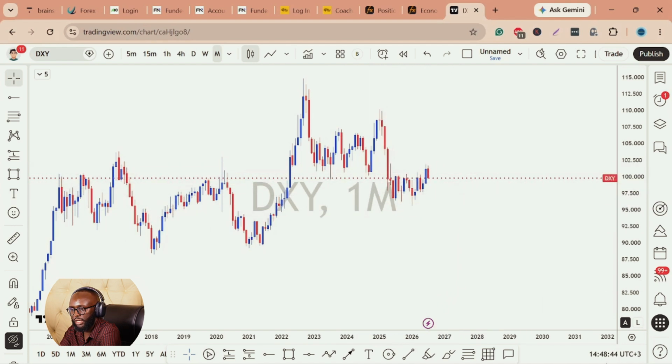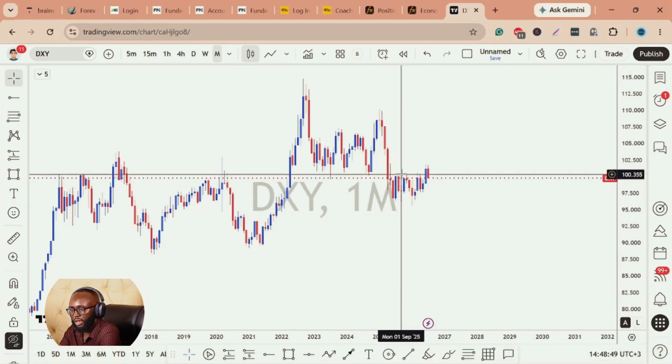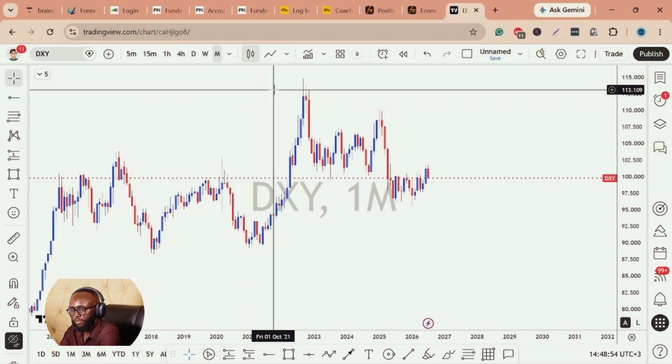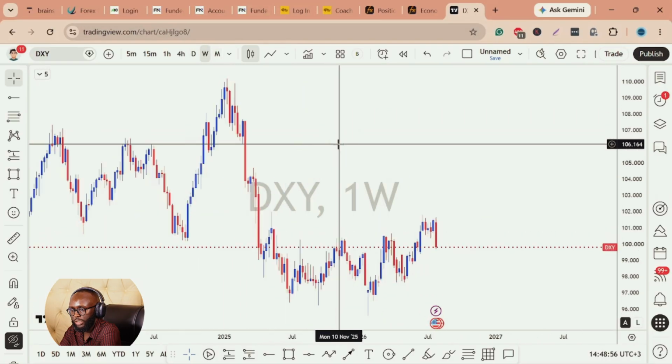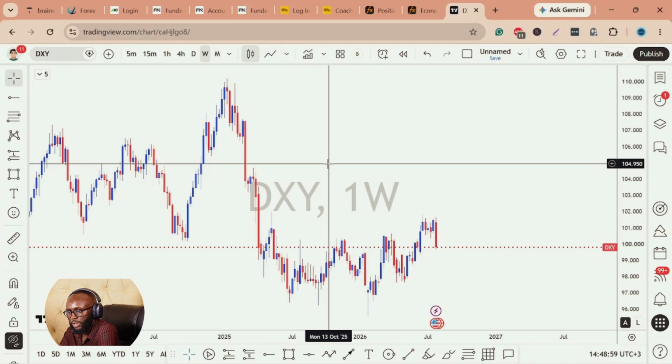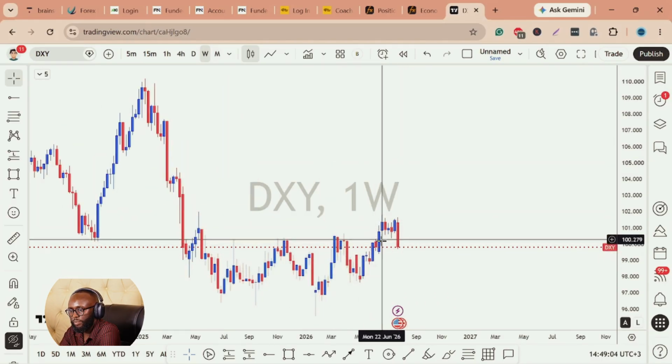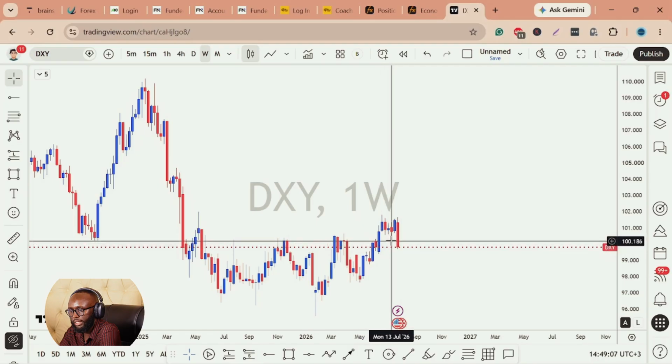However, looking at this particular month, we've already done a breakout over this level over there. Then if we jump down to the weekly time frame, you will also realize that the market is already reacting from this order block on the weekly time frame.